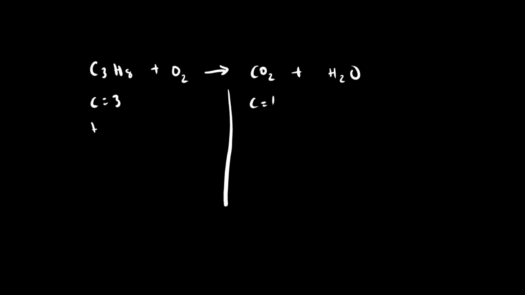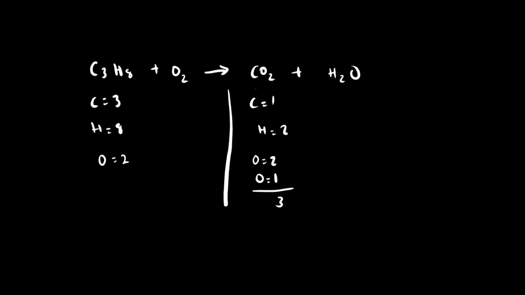On the left, we have 8 hydrogen, on the right, we have 2. And then on the left, we have 2 oxygen, and on the right, a total of 3 oxygen: 2 oxygen, followed by 1 oxygen, making a total of 3.